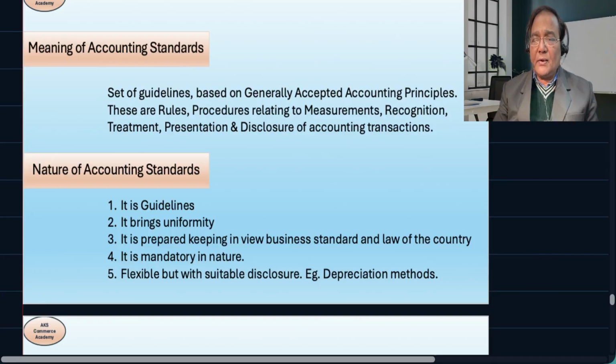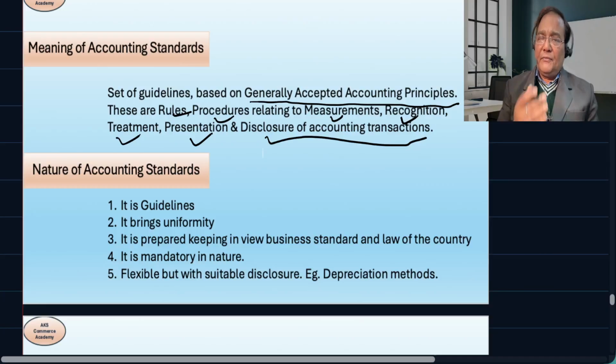These are rules and procedures relating to measurement in terms of financial value, recognition, treatment of transactions, presentation, and disclosure of accounting transactions. So accounting standards give us these few things which are listed here. They are generally accepted principles.